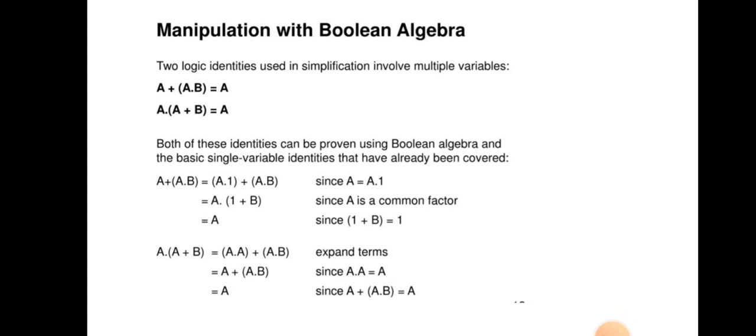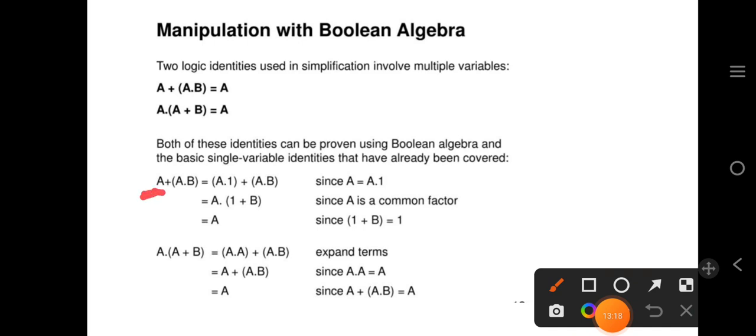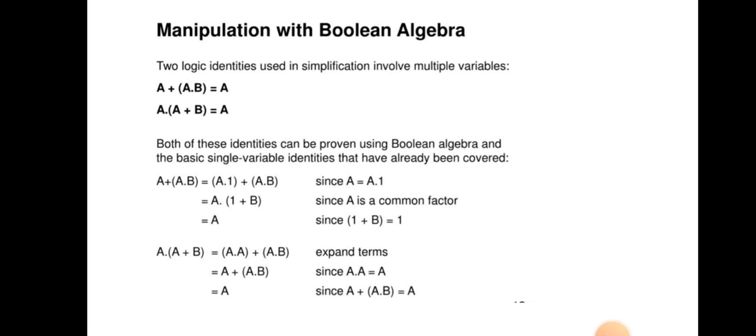So what can we write in place of this A? We know that A dot 1 is nothing but A. So we have replaced this A with A dot 1. Now the equation becomes A dot 1 plus A dot B.